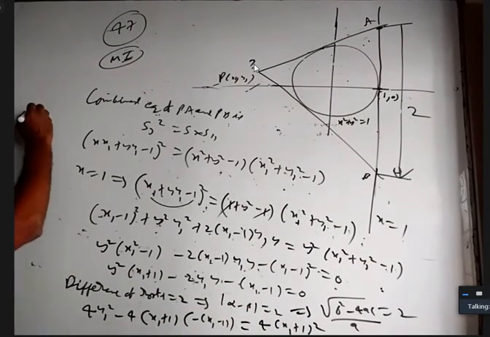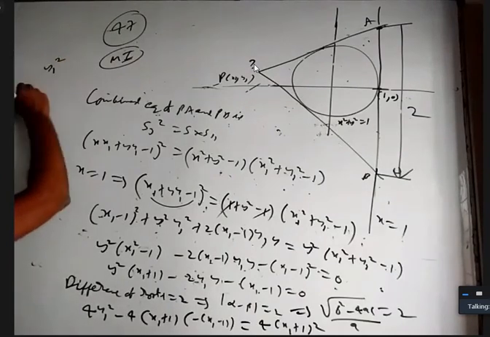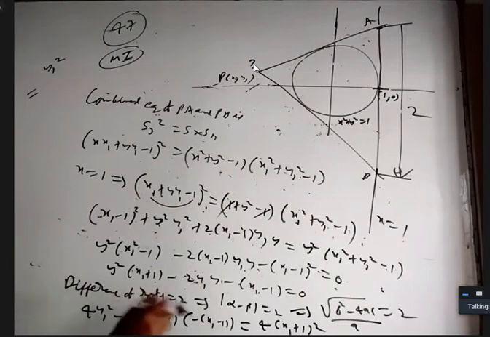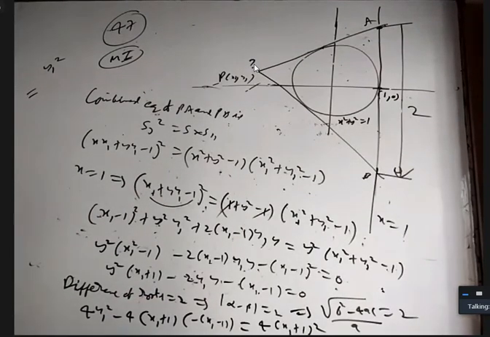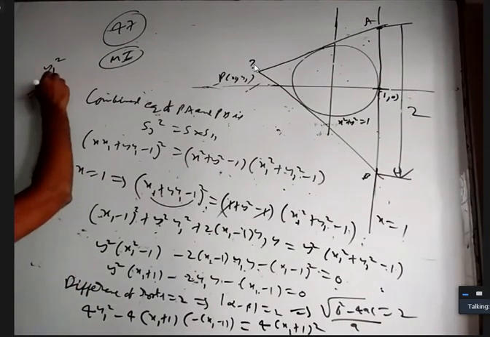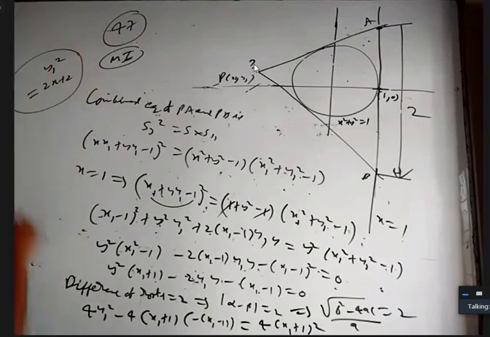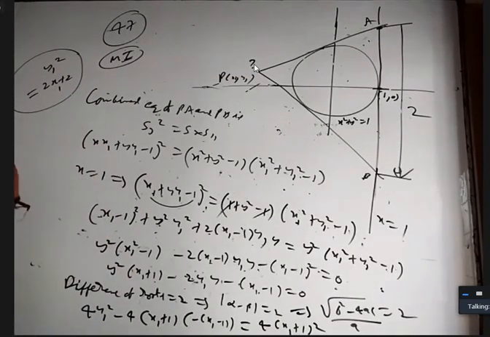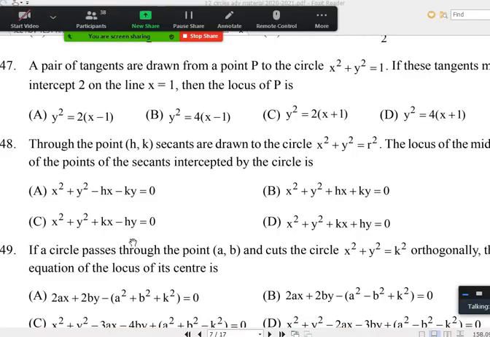We will get y1 square equal to x1 square minus 1 plus x1 plus 1 whole square; x1 square will cancel, 2x1 plus 2 will come. So y square equal to 2x plus 2.